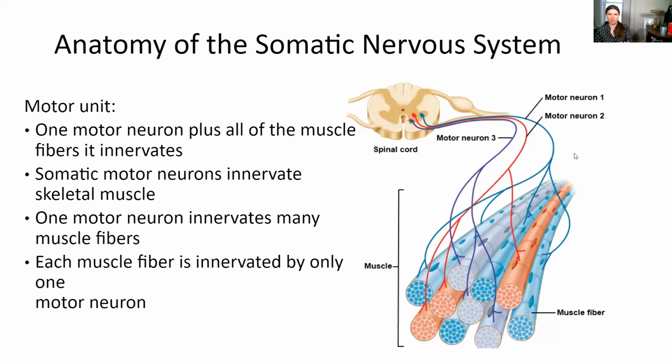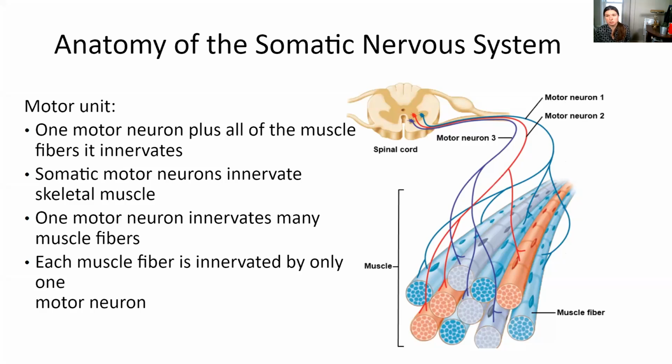One motor neuron, many muscle fibers, but any individual muscle fiber will have one motor neuron assigned to it, because this is what's going to form our motor units, right? So one motor neuron as it splits into many muscle fibers. If we want to talk about all those muscle fibers together that are innervated by that one motor neuron, we're calling them a motor unit.